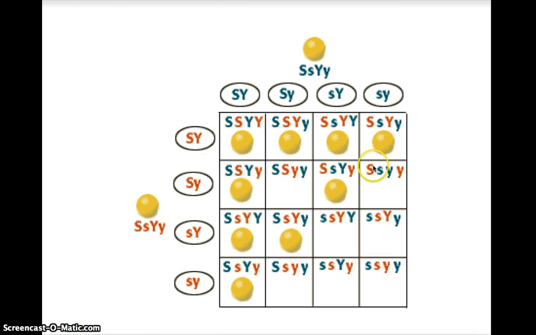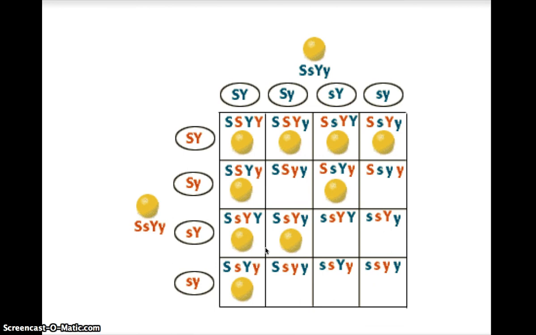If you looked at each one of those squares that had a big S, a dominant allele for smooth peas, you would end up with all of these smooth peas. And it turns out that if you combine all those with at least one big S and one big Y, 9 of them would end up being dominant for each trait.